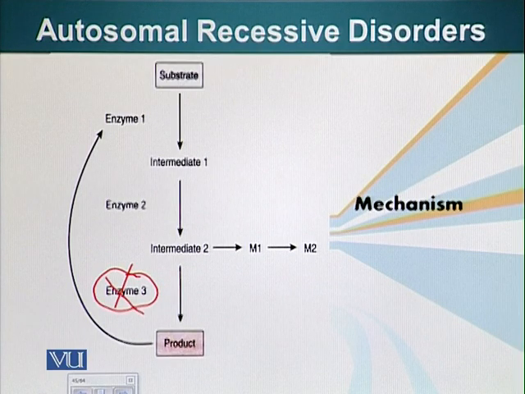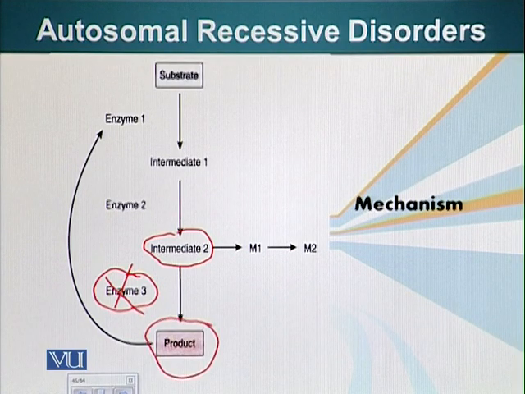Both alleles of enzyme 3 are defective, so it cannot convert intermediate 2 into the product. So one of the ways it will cause defect is that the product would probably be an essential protein that is required for the cell. So now cells don't have access to the product, and cells need this product to function normally. So that would result in compromised cell activity or a disease.